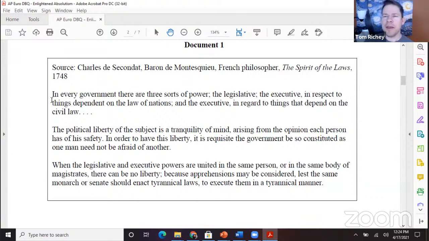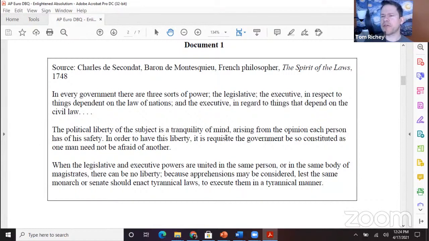So note this: in every government, there are three sorts of power: the legislative, the executive in respect to things dependent on the law of nations, and the executive in regard to things that depend on the civil law. Now, as far as that, he's going into two executives here. But the political liberty of the subject is a tranquility of mind arising from the opinion each person has of his safety.